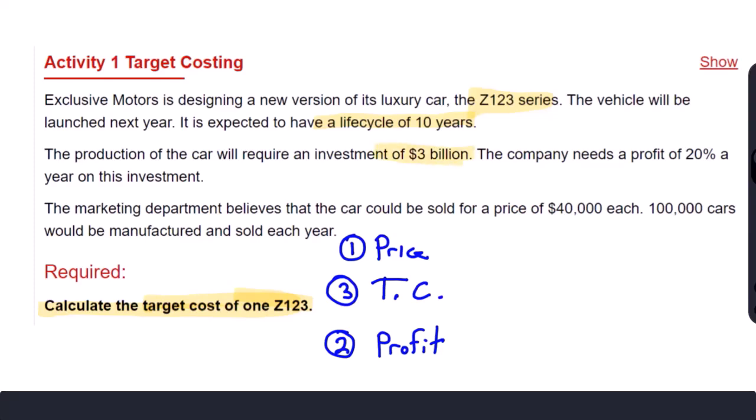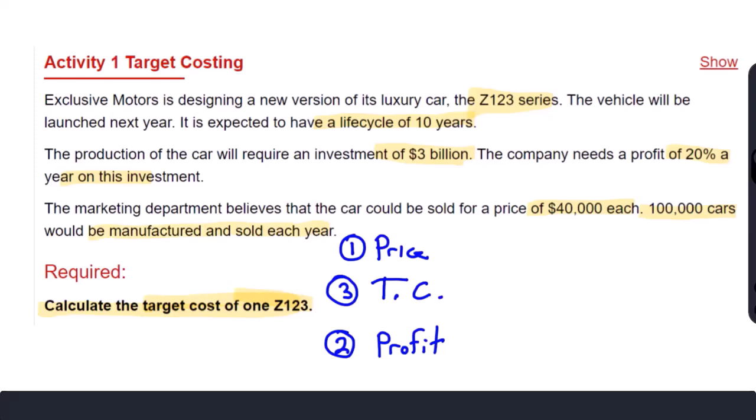And the company needs to make a profit of 20% per year on this investment. And the marketing department believes the car could be sold for $40,000 each, and they're going to sell 100,000 cars every year. So with that information, we can get busy.